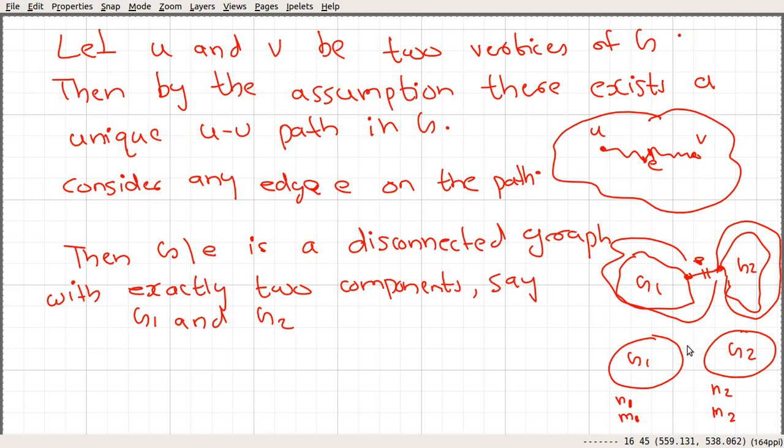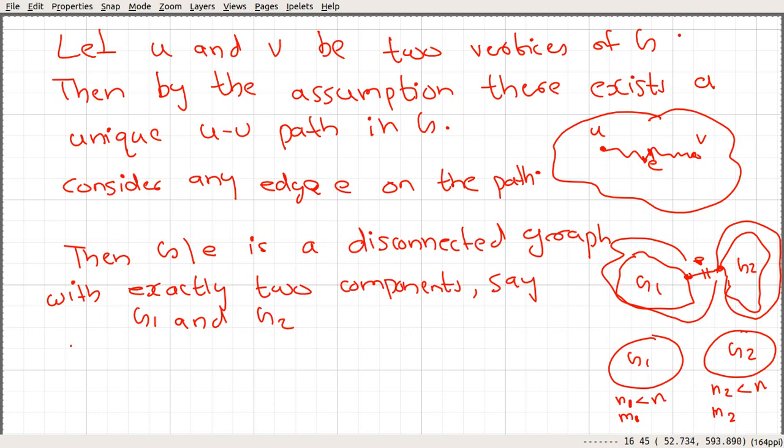We removed this edge and the graph is disconnected, so G1 will contain at least one vertex and G2 will contain at least one. Definitely N1 is strictly less than N and N2 is strictly less than N. So we can apply our induction hypothesis on these two components, and then after some algebra we will get the result.